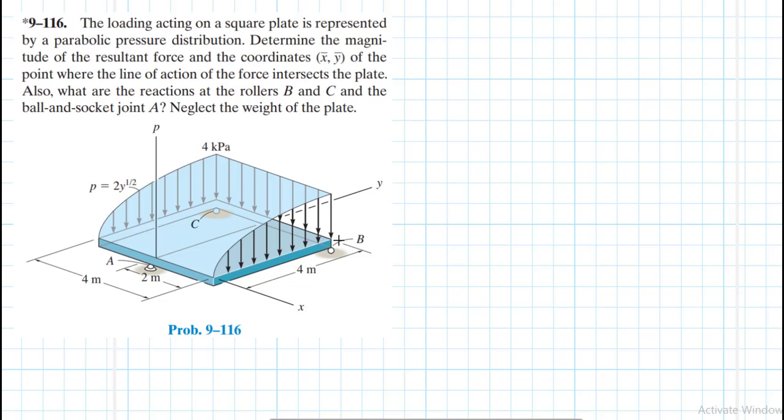Determine the magnitude of the resultant force and the coordinates x bar, y bar of the point where the line of action of the force intersects the plate. Also, what are the reactions at the roller B and C and the ball and socket joint A? Neglect the weight of the plate.